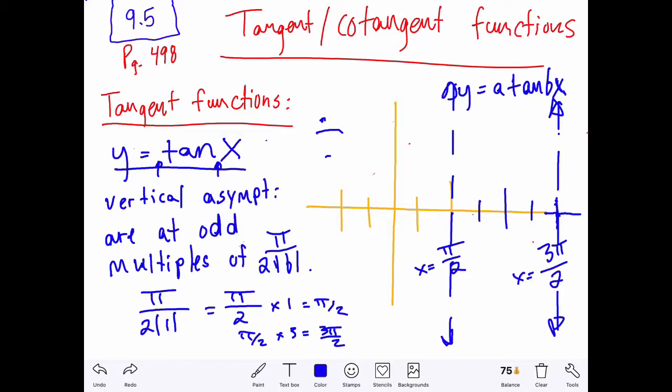Could I do the negative? Could I do a negative odd multiple? Sure. Let's say pi halves times negative 1, which is an odd number, just like 1 and 3 or 5. Well, negative 1 times pi halves is negative pi halves.